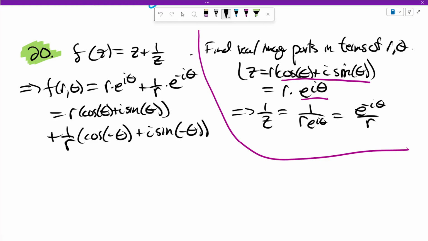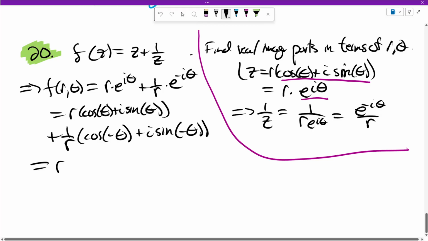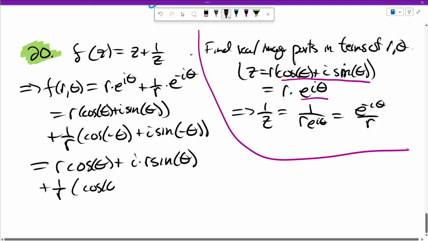But nevertheless, if you don't like that, we can also use the fact that cosine is an even function and sine is an odd function to rewrite this expression as cosine theta minus i sine theta. So if you don't like the conjugate explanation, we can use the evenness and oddness of them.